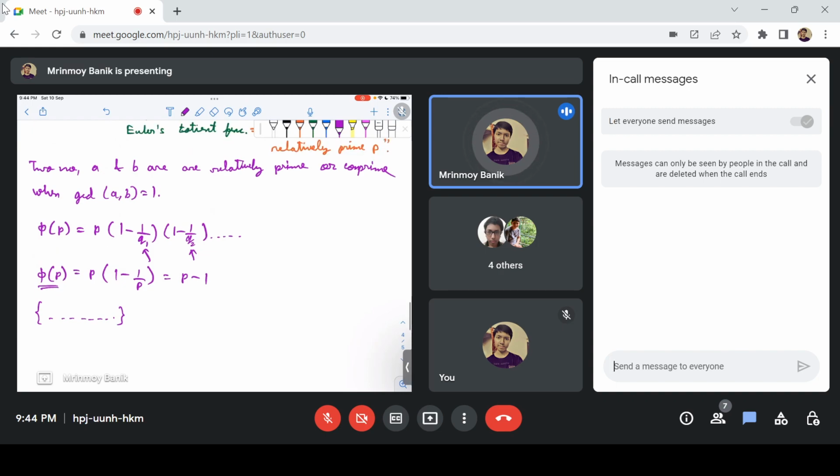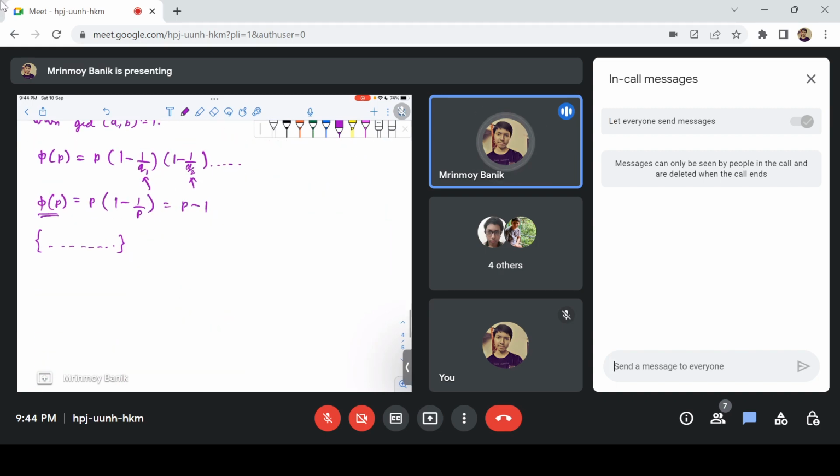There's a lot of jargon here. Basically, if you have a number n, then we have three things. One thing is the set 0, 1, 2, 3 up to n minus 1. That is the set of all residues, or all possible remainders when anything else is divided by n. This is called the complete residue class.